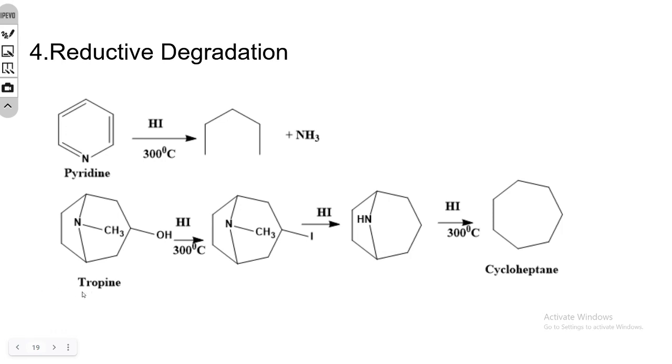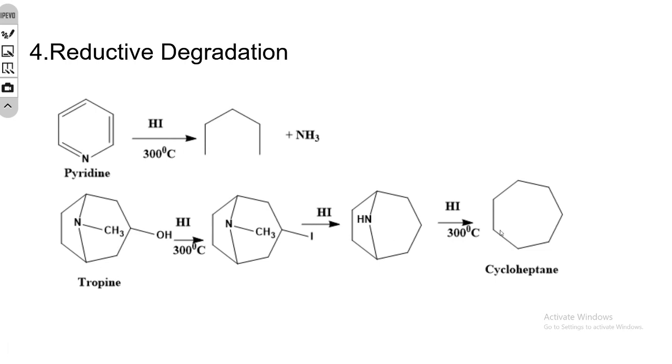So by reductive degradation, or heating with concentrated HI at 300 degrees Celsius, we can get a cyclic or saturated system which contains exactly the same number of carbon atoms as the compound we are taking.